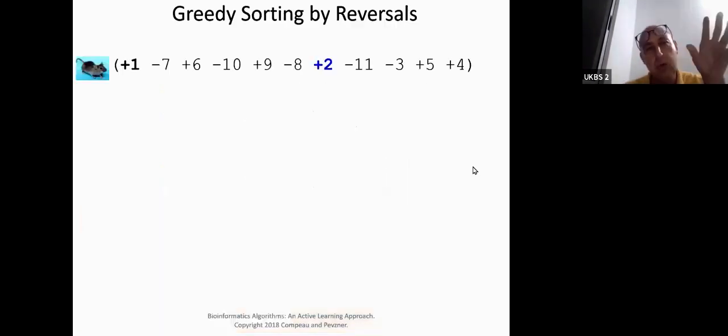So now we are going to apply a greedy sorting by reversals. Greedy means I'm going to select at each step the best option in a one-step solution. Here I have plus 1.